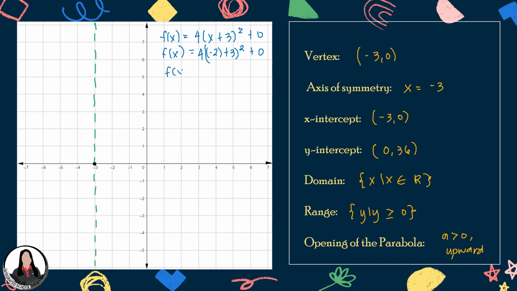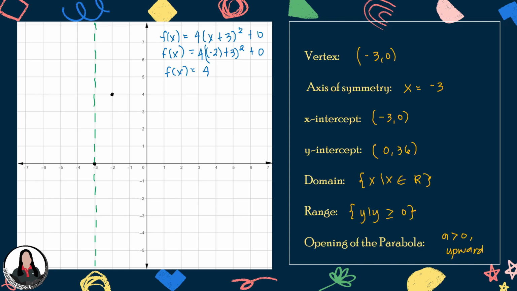So f of x equals, so negative 2 plus 3 is 1 squared, times 4. So this is 4. Okay? So meron akong point here, negative 2, 4.